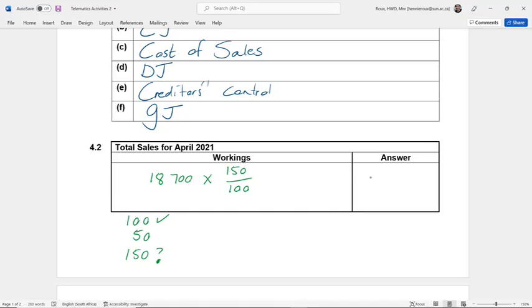And that will give us the total cash sales of 28,050. So important to be able to calculate from sales to cost of sales as well as from cost of sales to sales, and just by knowing which amount to start with.